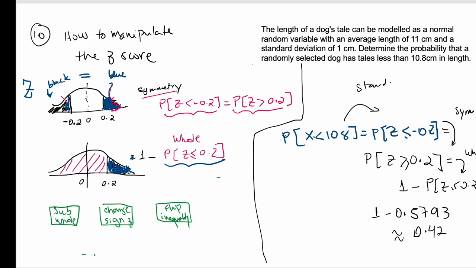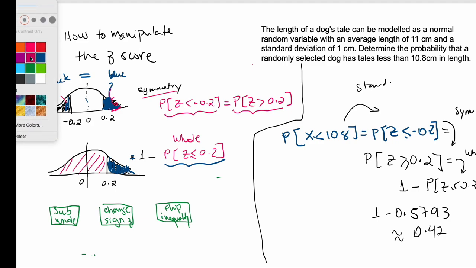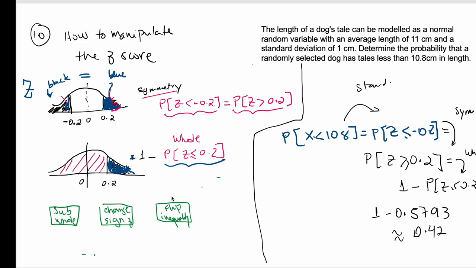So think about this. I chose this one and this one. What was I looking for? I was looking to find P of z less than or equal to minus 0.2, right? So I chose these 2 steps.